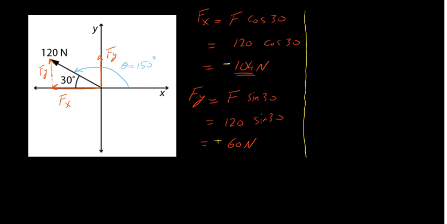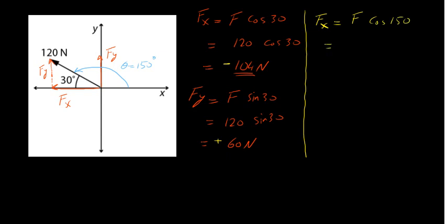So what I'm doing here, I'm saying the angle is located between the x-axis and the vector, which means the x component once again will be the adjacent, which means the force cosine 150 degrees.